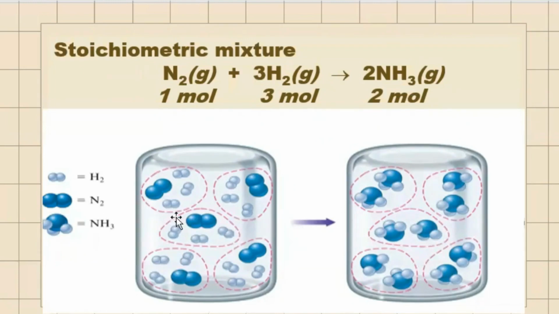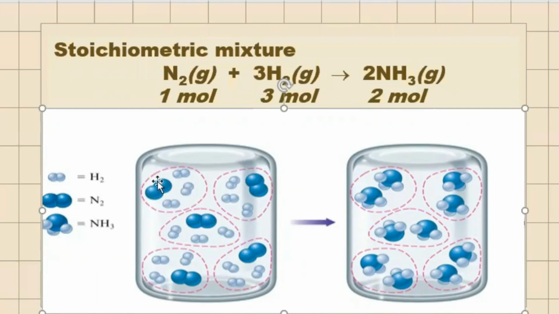In this picture, the light blue color represents hydrogen. The dark blue color represents nitrogen. Here, the dark blue and light blue colors are joined together. This indicates the formation of NH3.